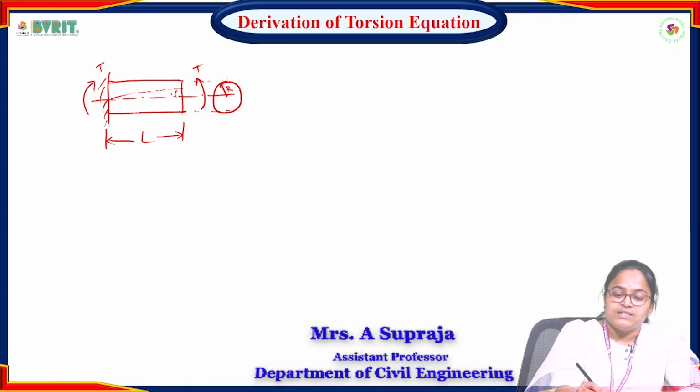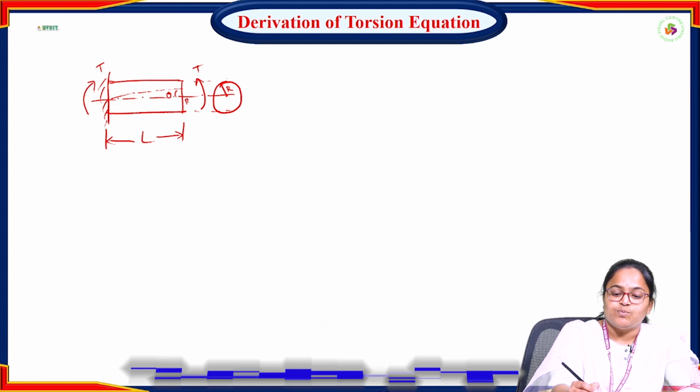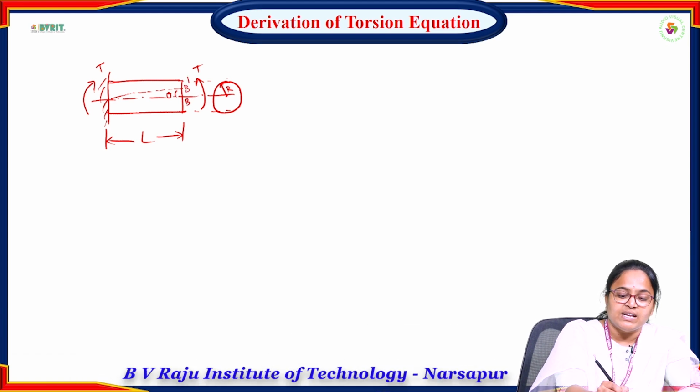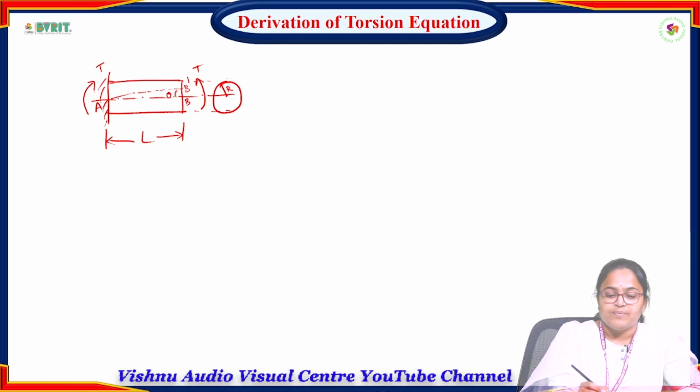Let us assume this angle as theta, this point as B, this point as B dash and this point as A.